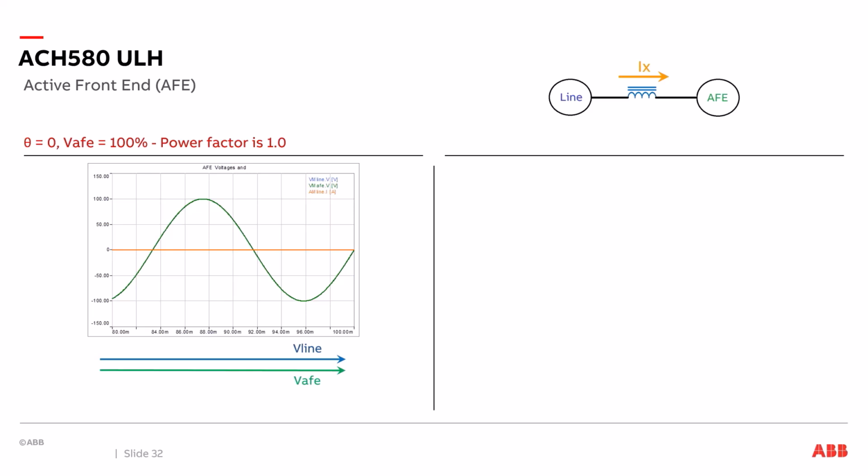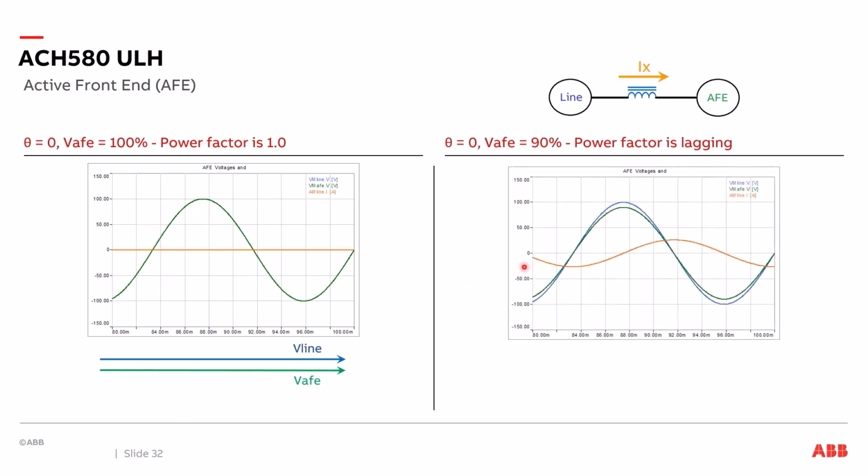So what would happen if we change something? Let's change the voltage of the active front end to 90% of the voltage of the line and leave the phase angle as 0. This will be a lagging power factor. If we look at this, the voltage of the line is in blue, the voltage of the active front end is in green, and the current is shown in orange here. In phasors, the voltage of the line has not changed.